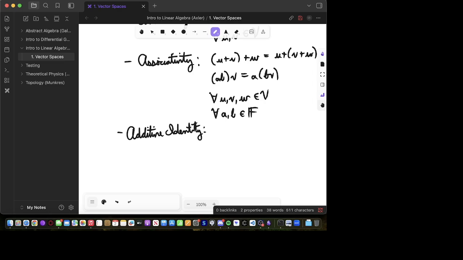There is also an additive identity in a vector space. That means there exists an element, which we'll denote with 0, in the vector space such that v plus 0 equals v for all v in the vector space.